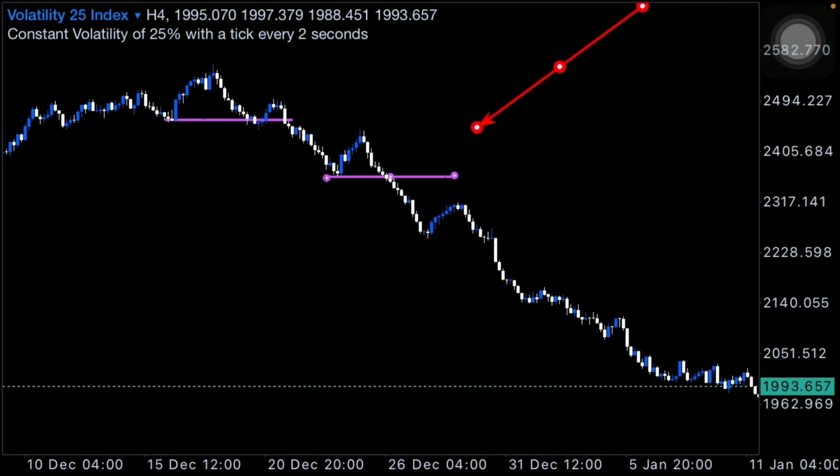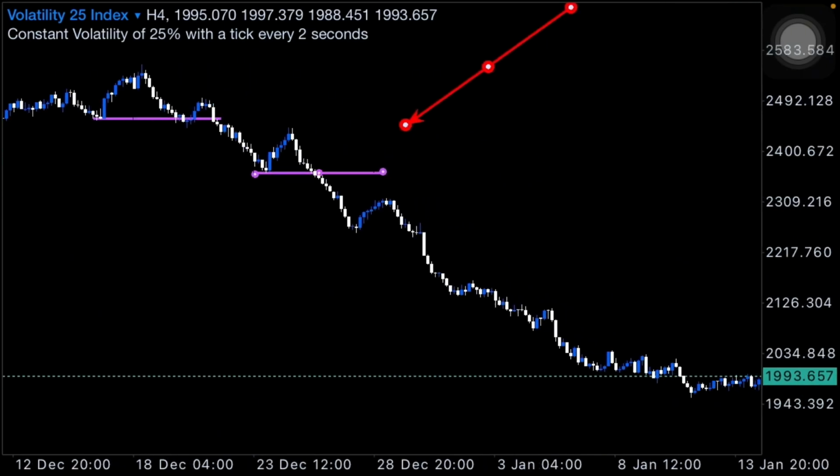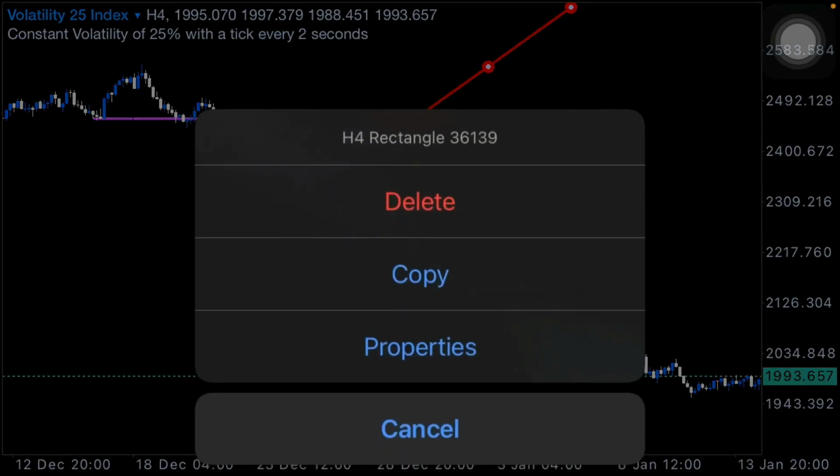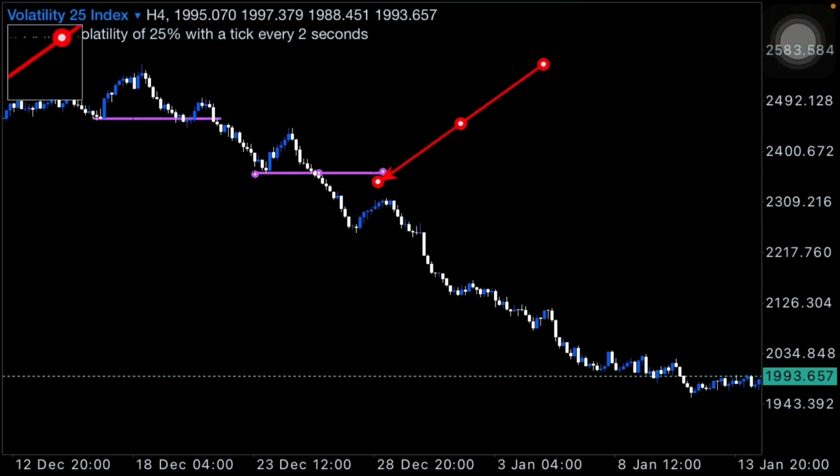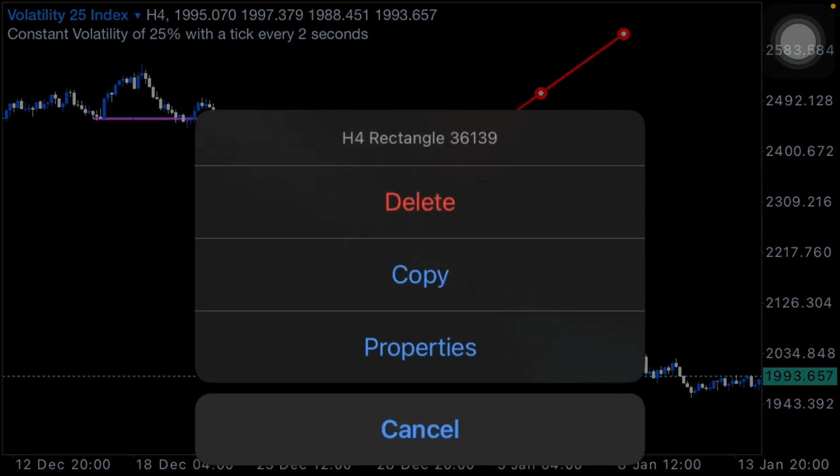Okay, now as the price breaks and forms a low here, it then retraced back to form a high.